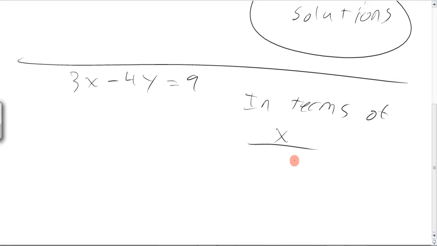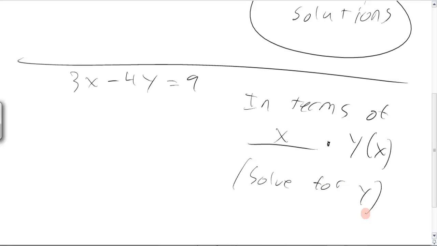What this is saying to you is to do the following. The other notation they like to use is they'll remind you that "in terms of x" is the same thing as y as a function of x, meaning you pick a value for x and it'll give out a value for y. So this is just code saying solve for y. If you solve for y, you'll get it in terms of x.